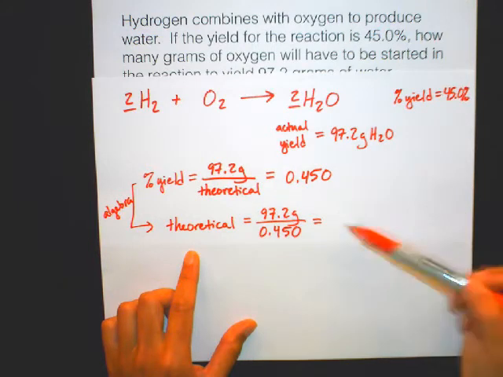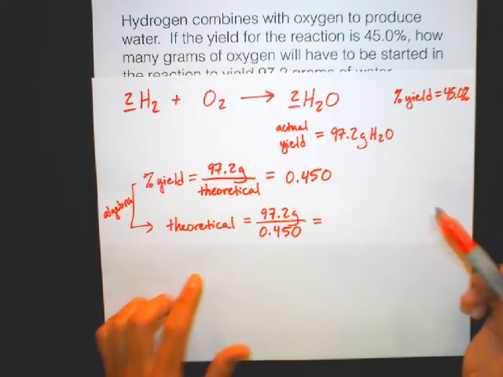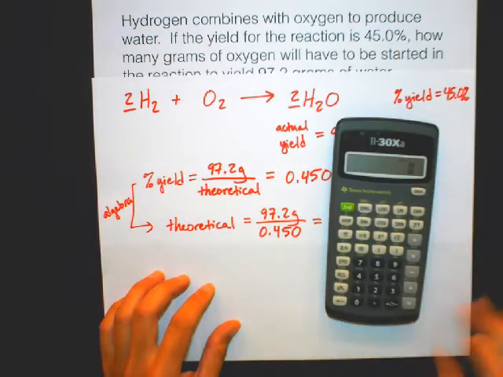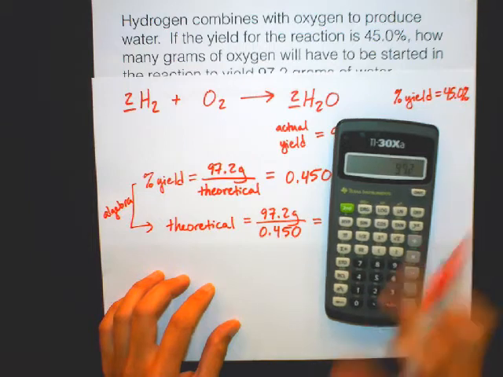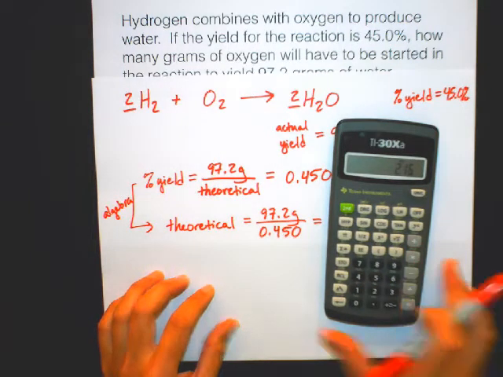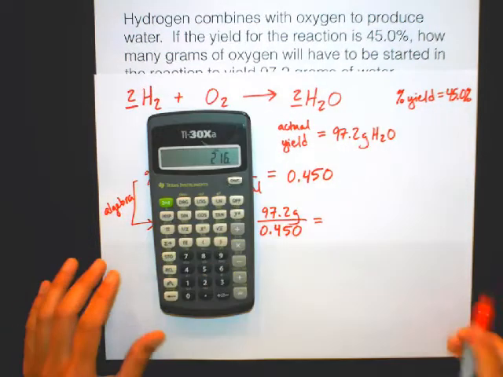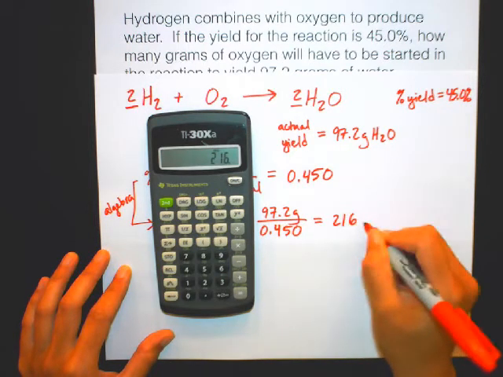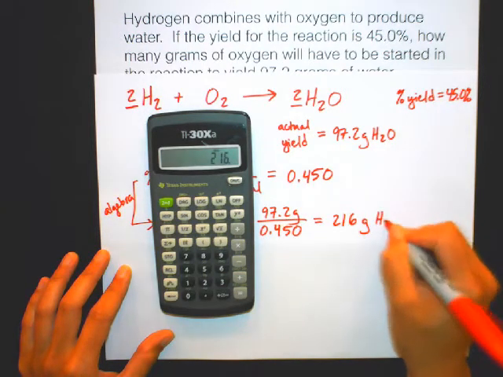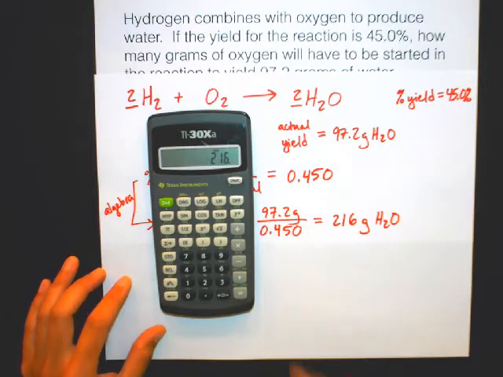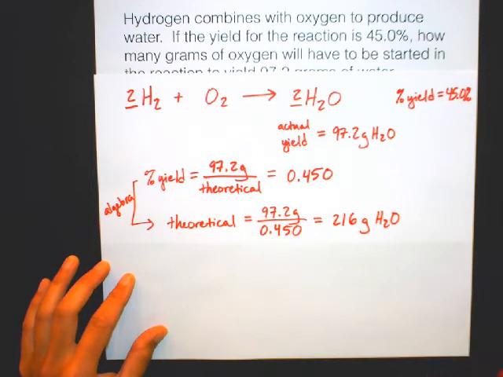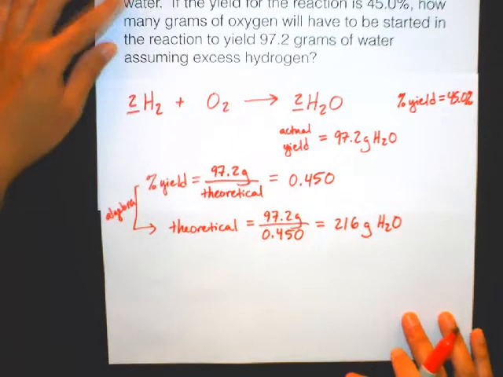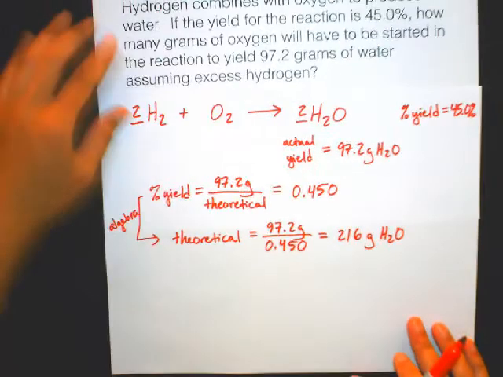Right? So having that set up now, we can just solve for our theoretical yield. And remember that this was in grams of water, so whatever we calculate here is going to be grams of H2O. Okay. Right, and we can use 3 sig figs, so 216 is the answer, and that's grams of water.